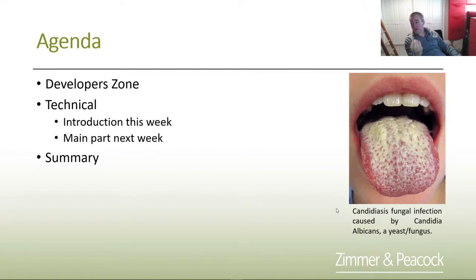I think it's basically a fungus or a yeast, and it's mostly in the gut, but unfortunately, if it gets into the wrong places, then it can cause complications. So we'll introduce the topic this week about the biosensing of this, and then next week we'll talk specifically about how to actually detect for it.